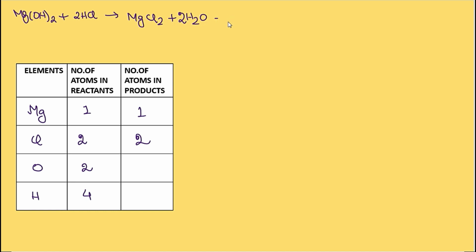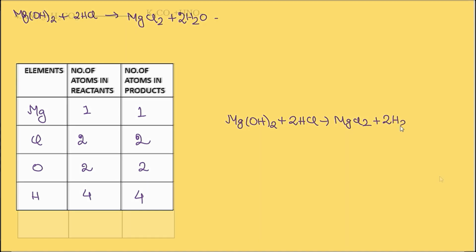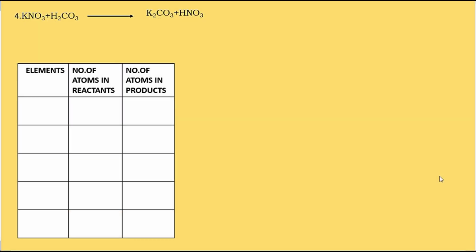So now oxygen has 2 atoms and hydrogen has 4 atoms. See, here we are getting perfectly the number of atoms in reactants equal to the number of atoms in products. So we say that the equation is completely balanced. Thus the balanced chemical equation is Mg(OH)2 plus 2HCl gives MgCl2 plus 2H2O.